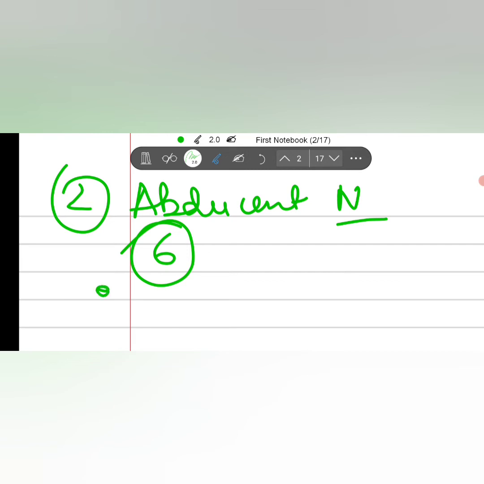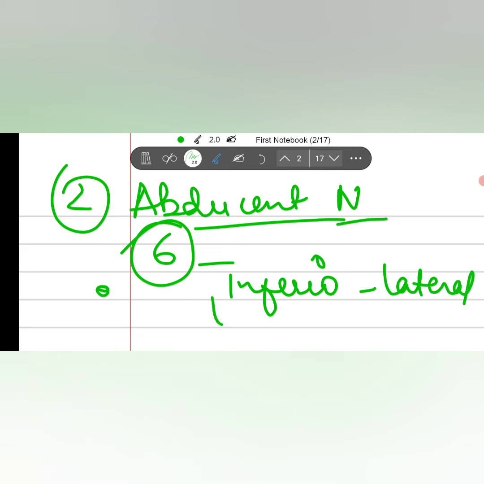This is the position of cranial nerve 6 in relation to the internal carotid artery: inferior lateral to the internal carotid artery. Both of these are towards the floor.